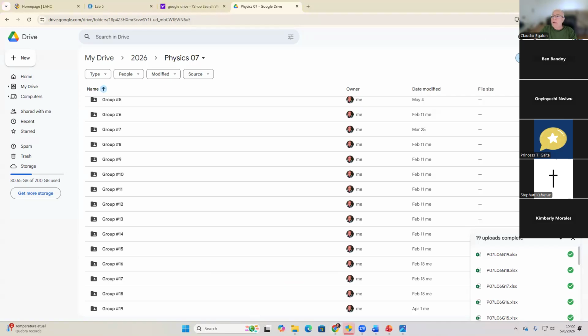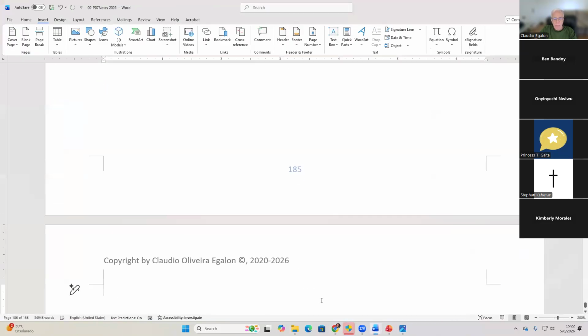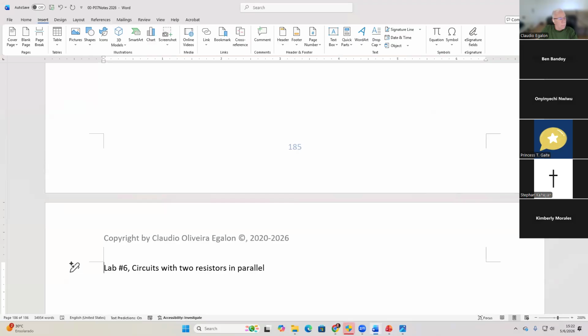And so let's go back to the notes here. Lab number 6, circuits with two resistors in parallel.